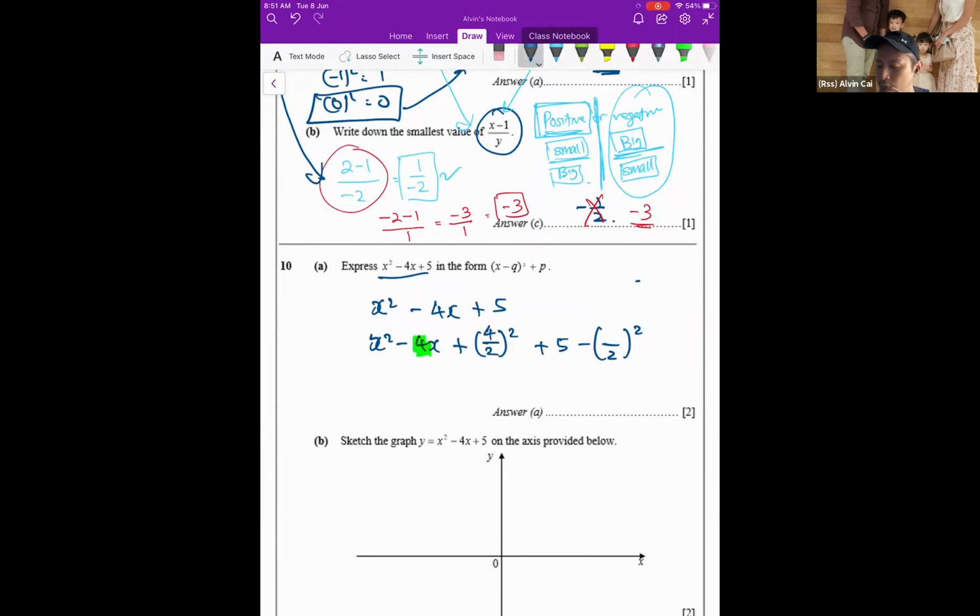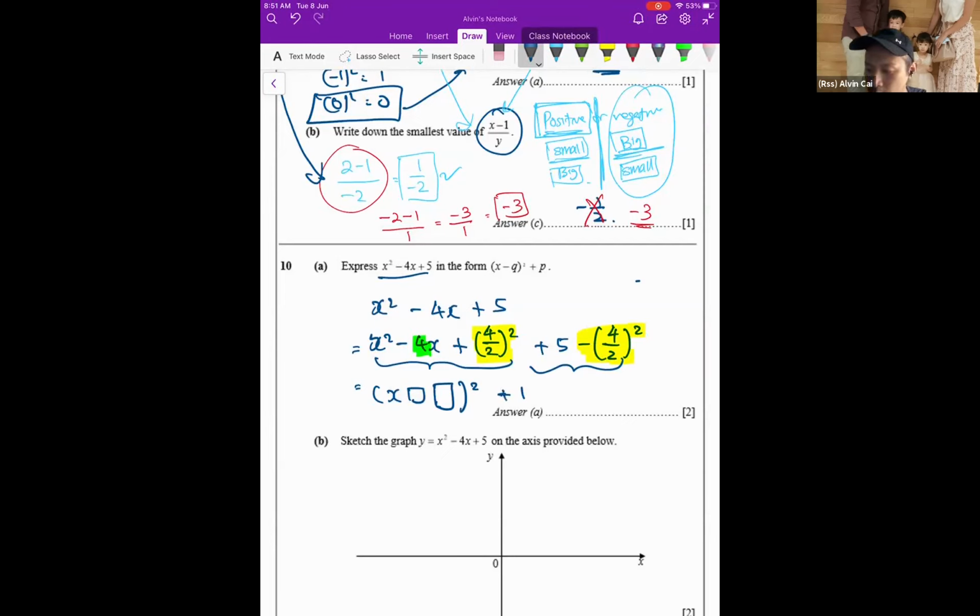So 4 over 2, 4 over 2. So we plus something squared minus something squared. It's the same number of the fraction over here. So these 3 terms combined will give you x, a box, and the number squared. This thing we just press calculator. Okay, so it becomes a +1.